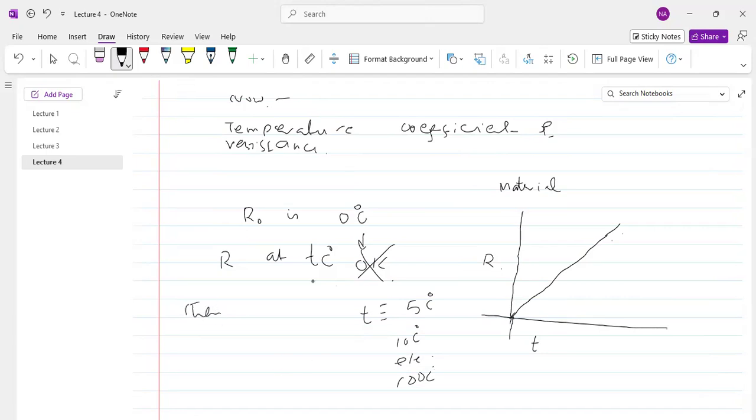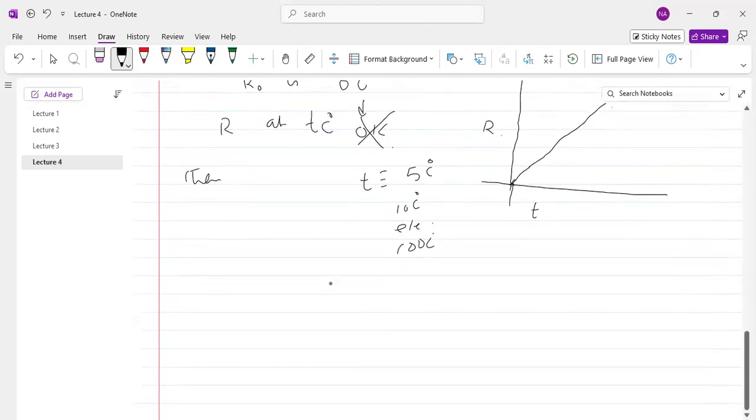the temperature coefficient of resistance, which is called alpha, is defined as the fractional increase in resistance. What is meant by fractional increase in resistance?